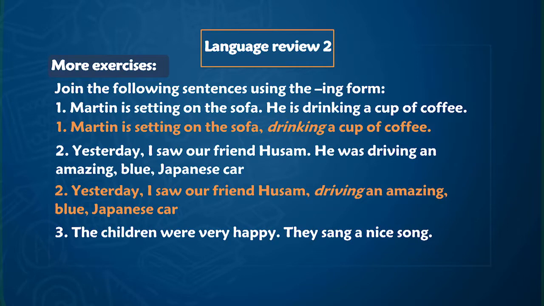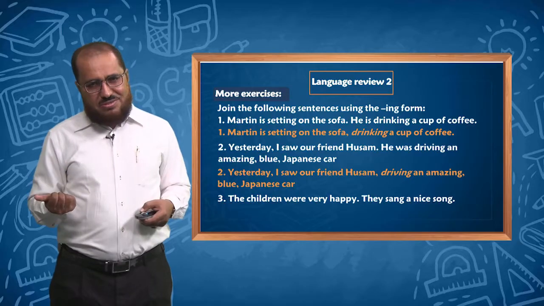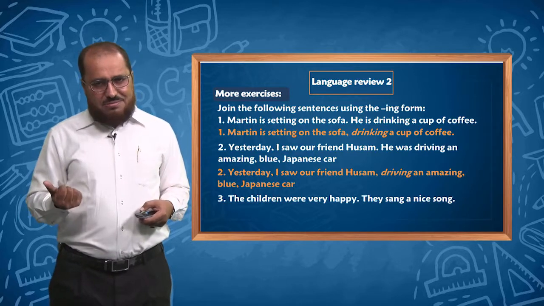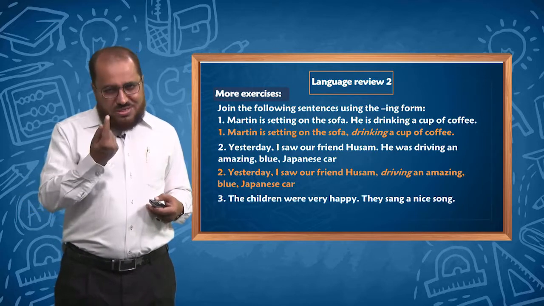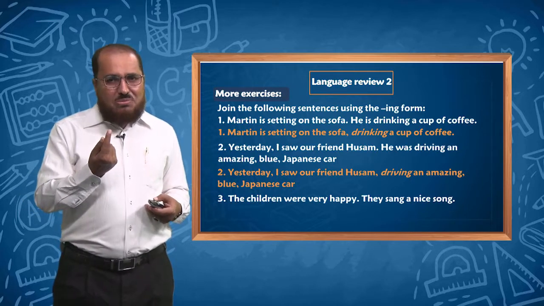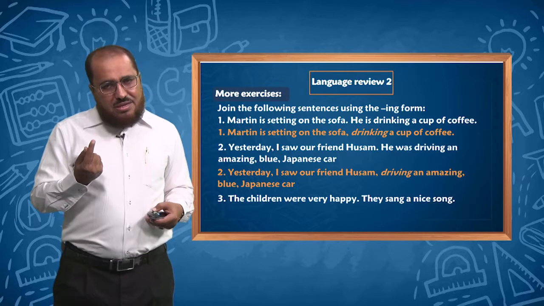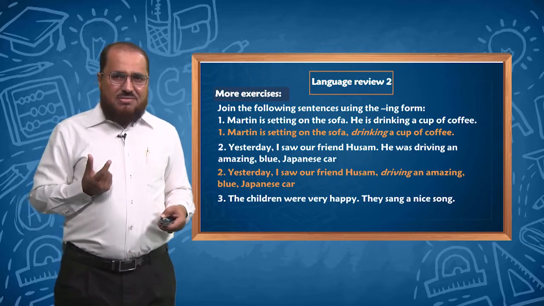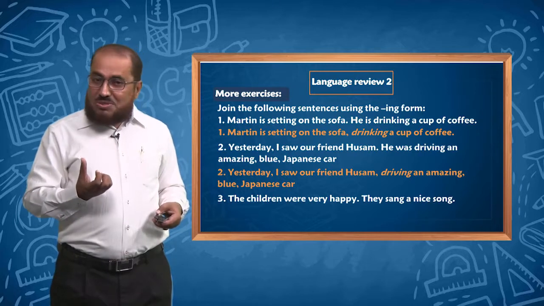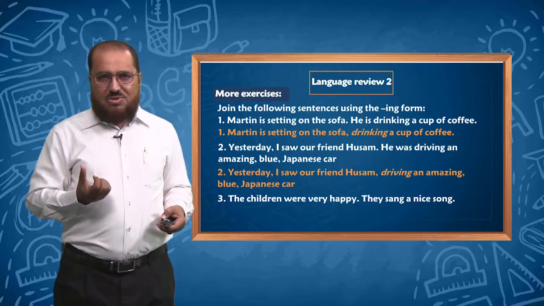More exercises. The children were very happy. They sang a nice song. Who sang the song? The children. Who were happy? The children too. So you can join these two sentences into a single sentence, and it will be more active and also move the imagination of the reader and present your picture in an active way.